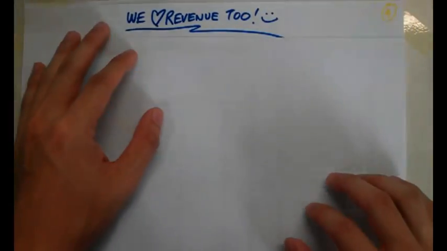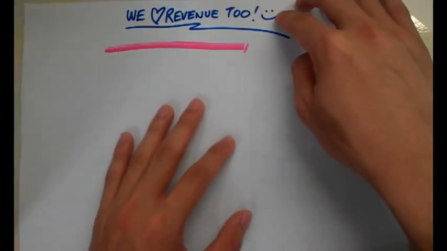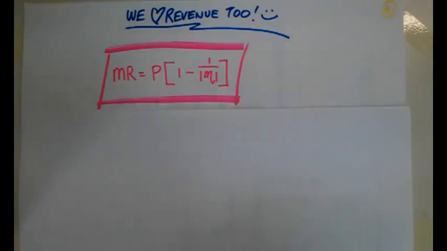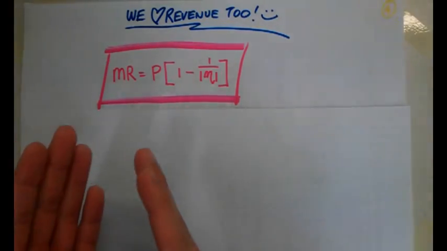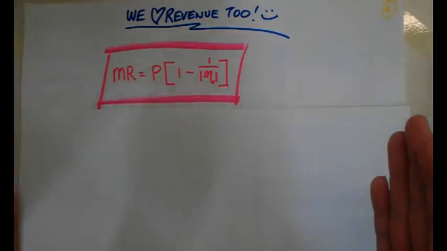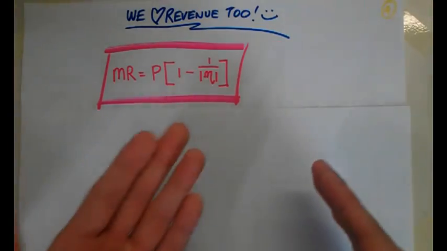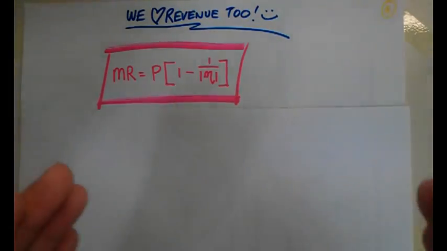Everybody loves revenue. Let me introduce you to this equation, the marginal revenue equation. It's price multiplied by the bracket 1 minus 1 over the absolute value of the price elasticity of demand. Let's call it PED for short.